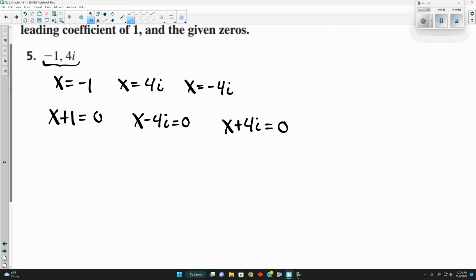But we could do it the other way, and here it's just adding 1. Here it's just subtracting 4i, and here we're just adding 4i. We get the same exact thing, it's just a different way to look at it. Any questions on this so far?